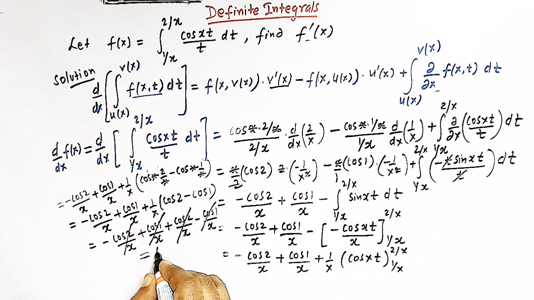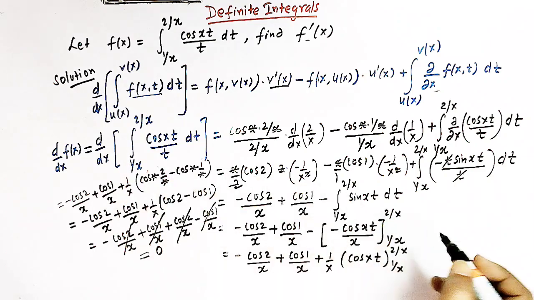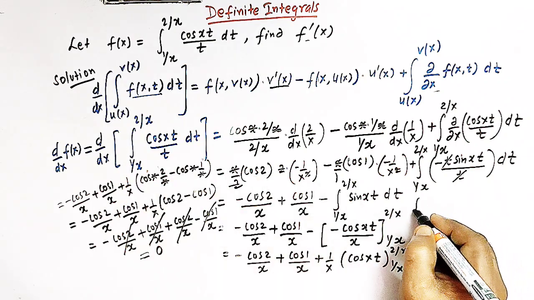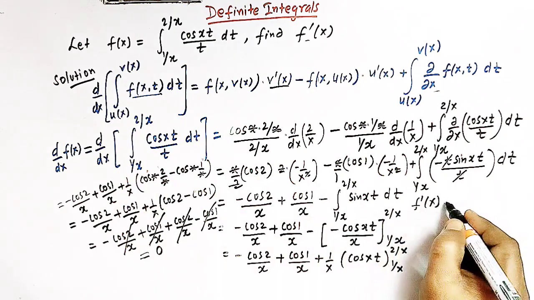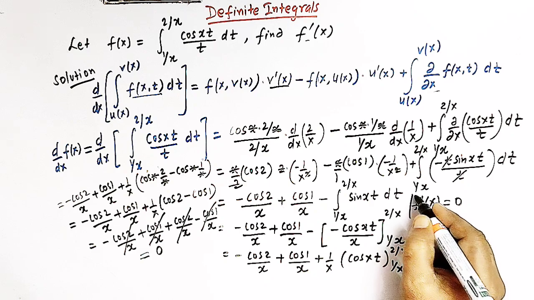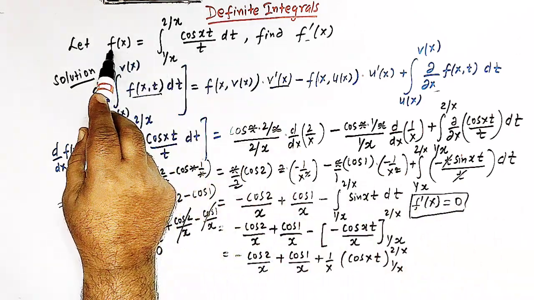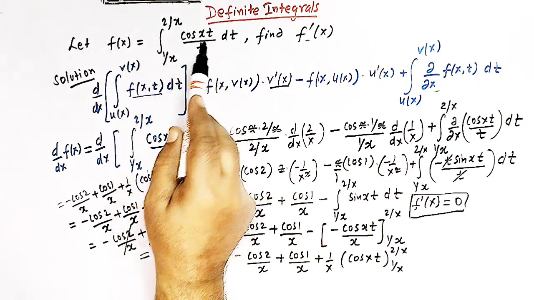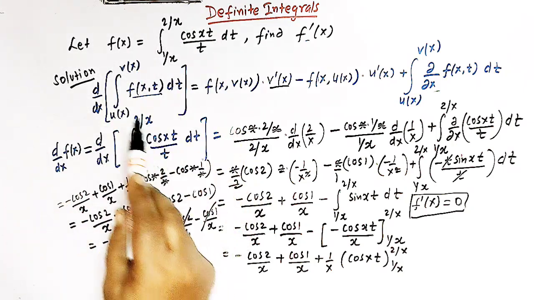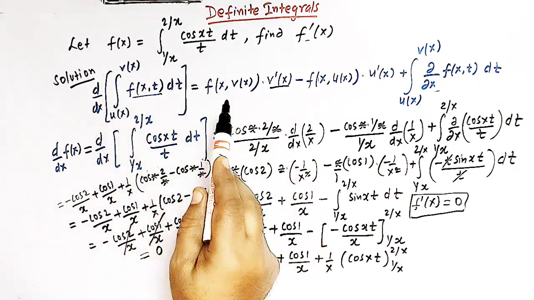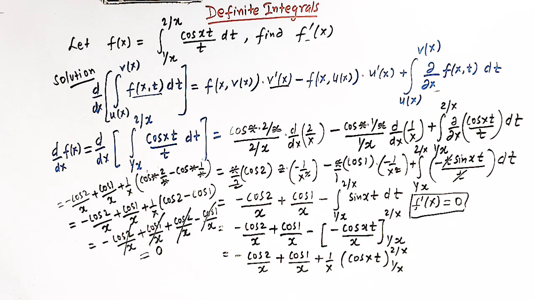So we have here 0, right? So the derivative of this function f of x, that is f prime of x, is equal to 0, right? So viewers, the derivative of this function or this integral with respect to x using Leibniz integral rule is equal to 0.